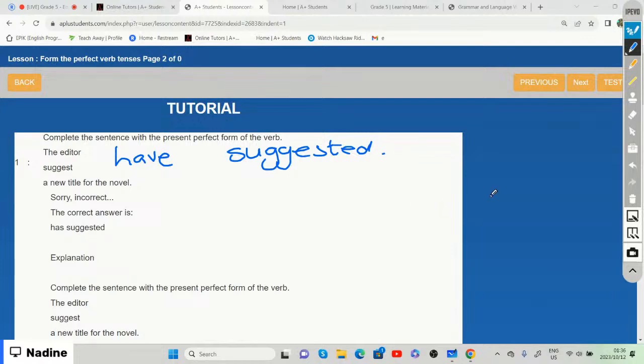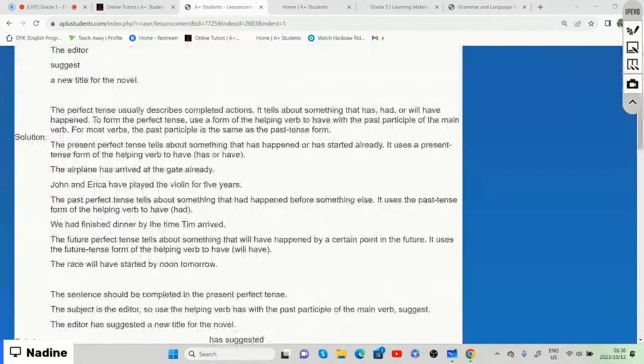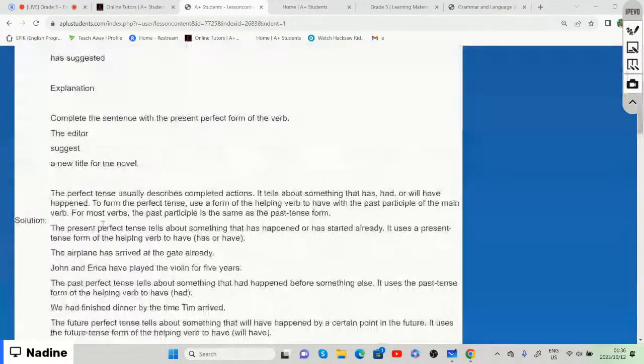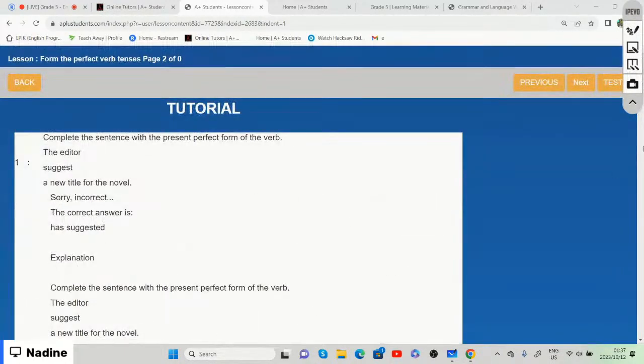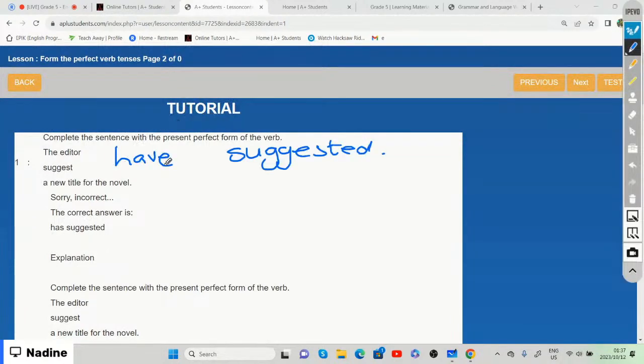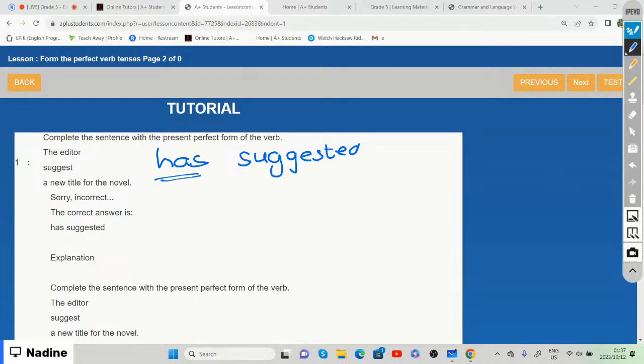So do we say have suggested or has suggested? Sorry, it is has suggested. So has is our present perfect tense.